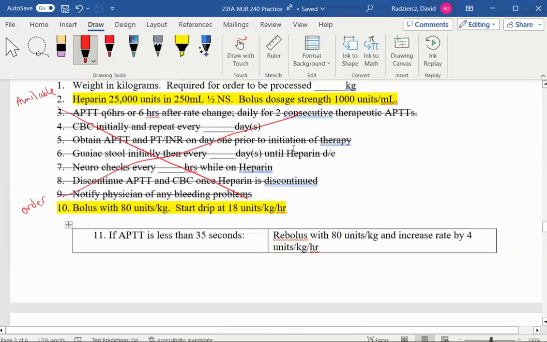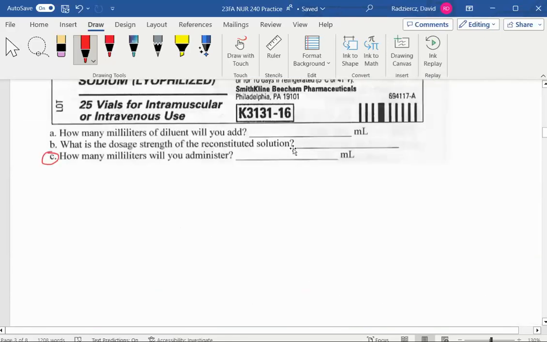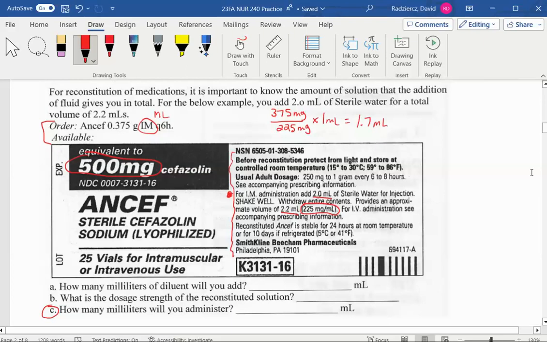It's a different label and it looks like this. I have been told that there's a potential that you might see a question that involves reconstitution on your test. I don't know if you actually will or will not, so don't quote me on it.